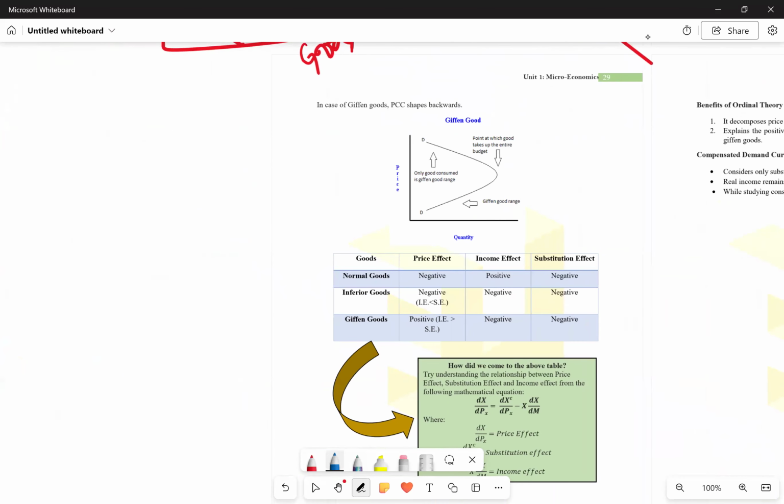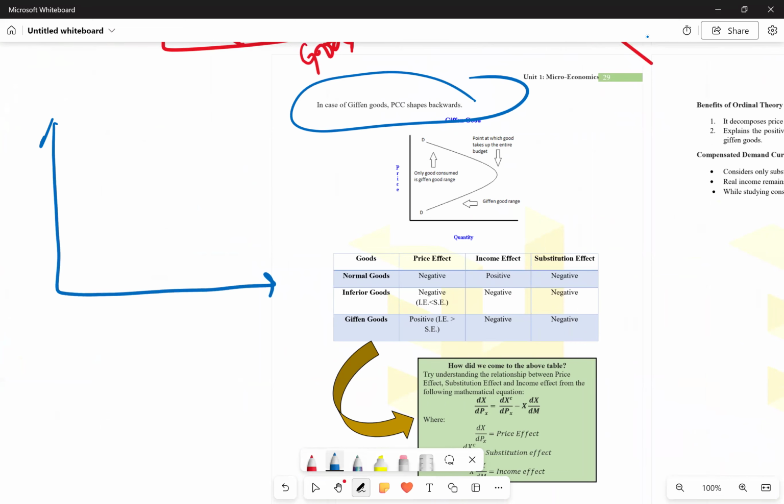And in case of given goods, your PCC would be a backward sloping curve, in the sense that this is your original budget line and your IC curve. A fall in the price of X, in case of given goods, would lead to a fall in quantity demanded.